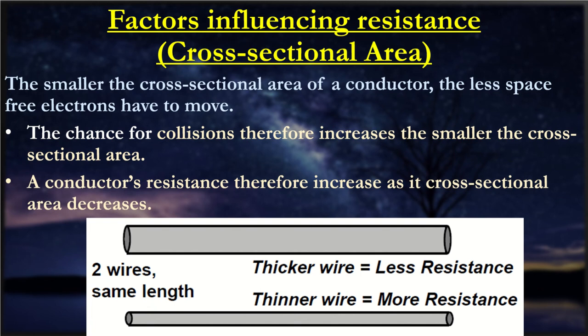Another way of working this out is obviously the cross-sectional area. So if we're looking at maybe a piece of wire of this particular thickness compared to maybe a really thin wire of this particular thickness, the thicker wire will have a lower resistance, because the atoms inside the wire are spread out further.